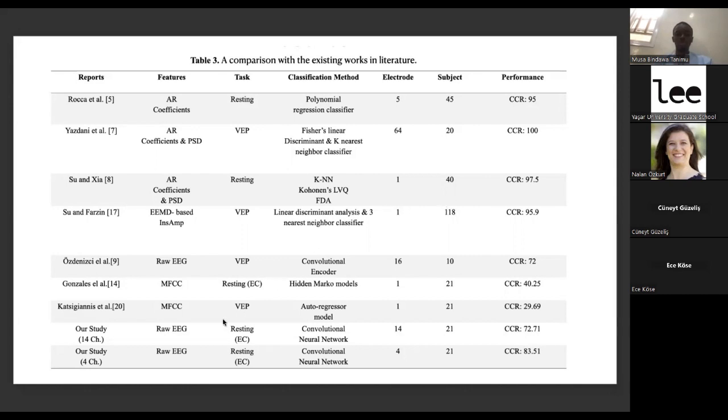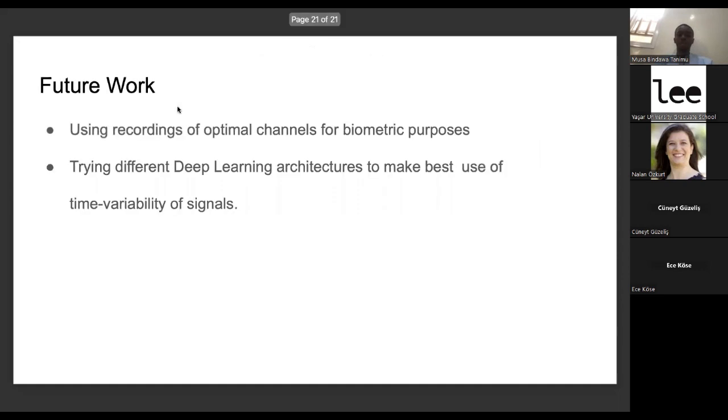We fed our system the raw EEG signal, while most of the other work did some pre-processing and fed the features into their chosen networks.